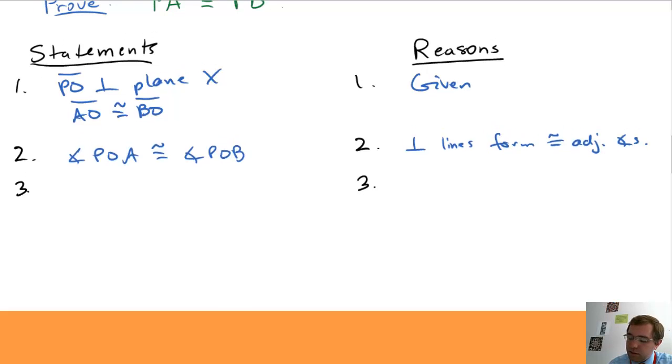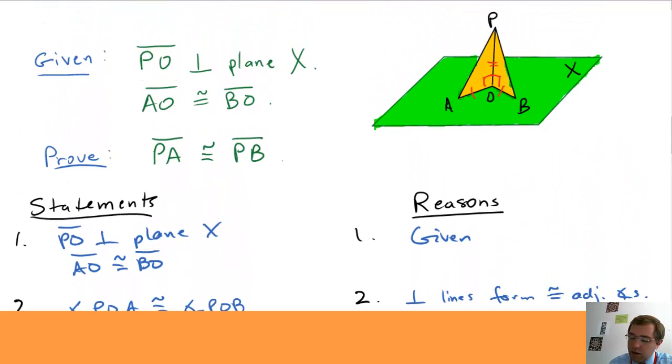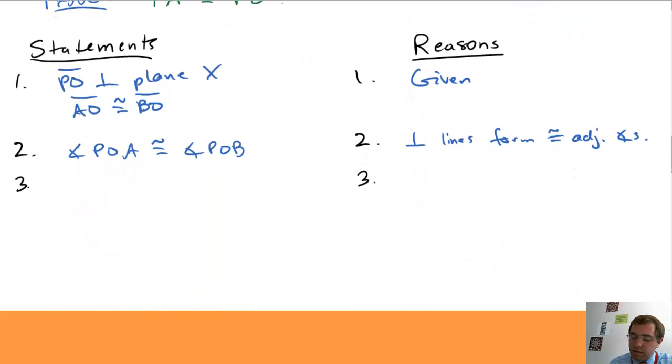Now, I know PO is congruent to itself. Why do I know that? The reflexive property. Reflexive property of equality: something is always congruent to itself.